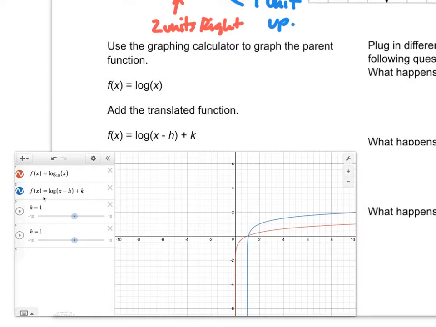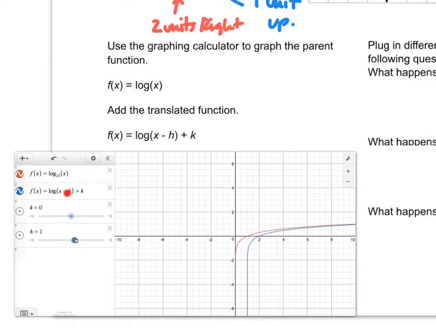All right, so here's that video, just the animation, and I want you to see here's our regular function, and that's that function in red. That's our parent function, and then what we have is this manipulated function here, where we can manipulate the value for k, and when I move that, it just moves it up and down.